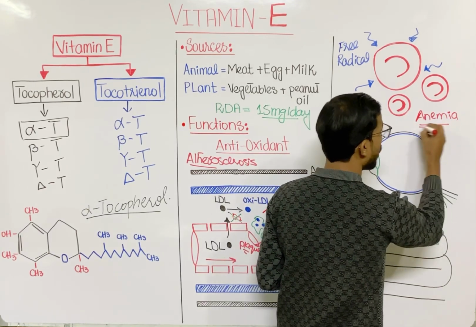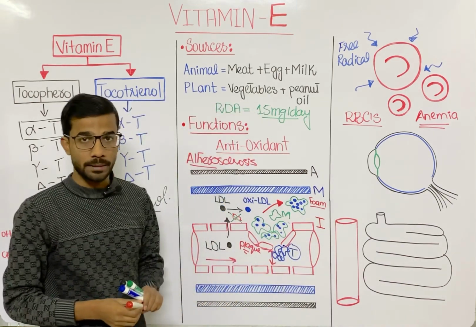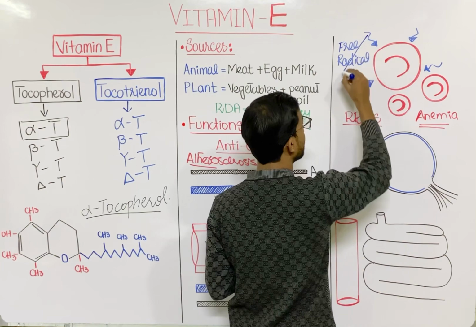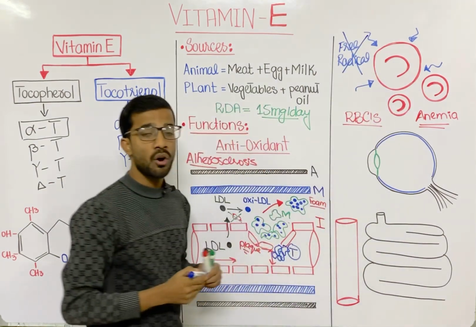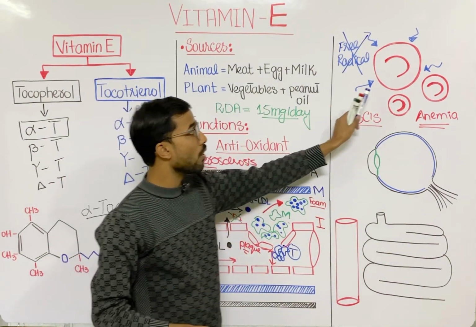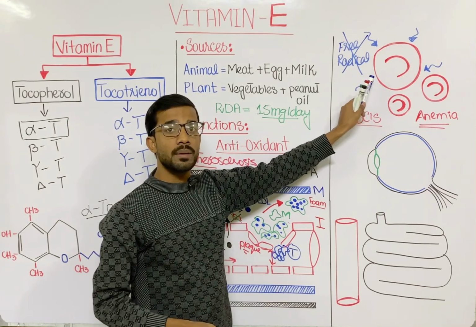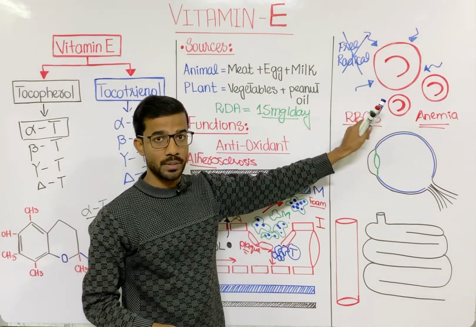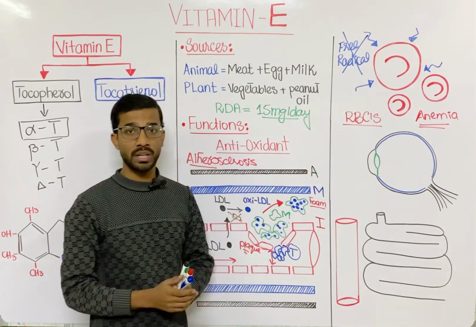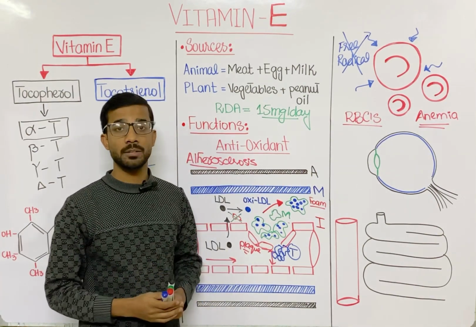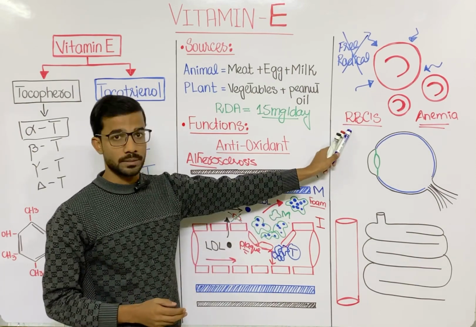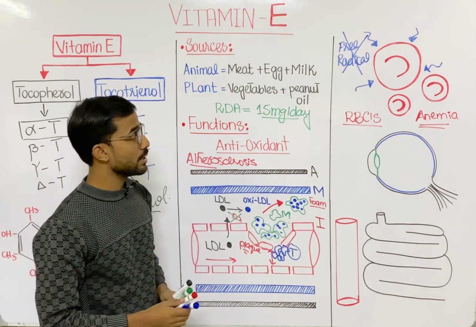So actually, when someone takes vitamin E, vitamin E actually removes the free radicals. When there are no free radicals, there is no damage to the membrane of the RBCs, and RBCs will survive in that case. So that is the most important function, or you can say vitamin E is helpful in the protection of the RBCs.